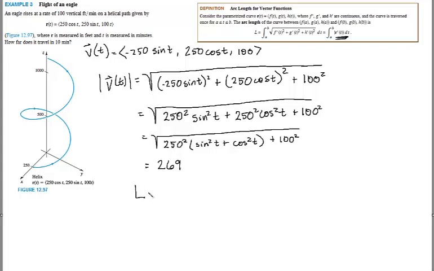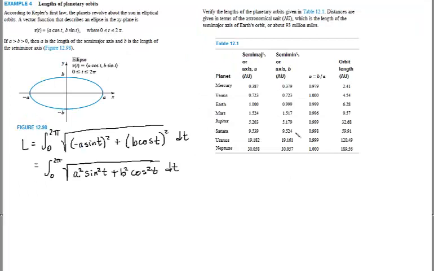Now I can say that the length of this, evaluated from 0 to 10 minutes, of this 269 dt is then going to be 2690, because it's 269t, and then put the 10 in. There you go. So it is that many feet in that 10 minutes.